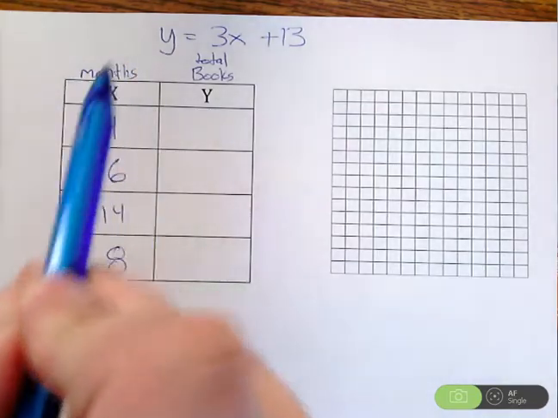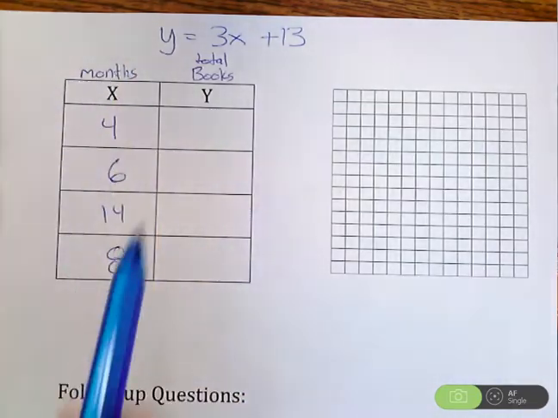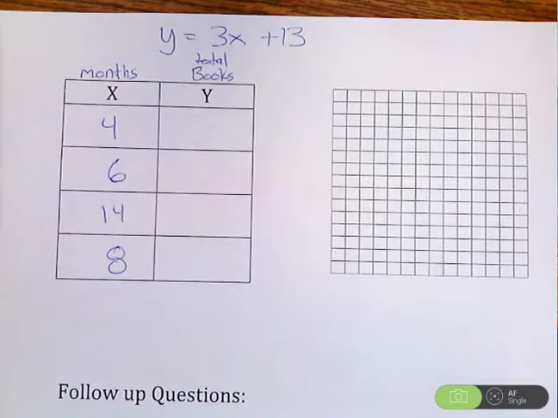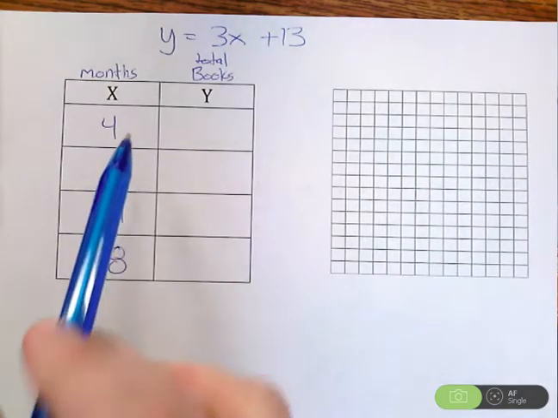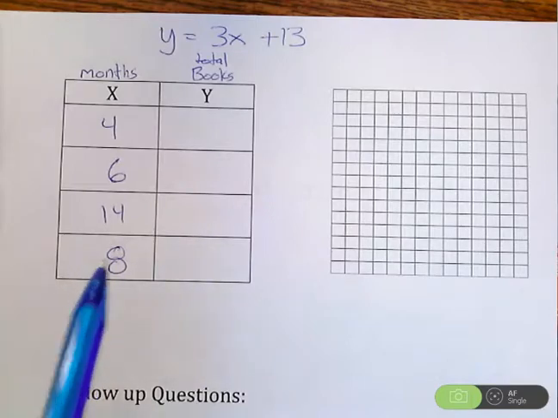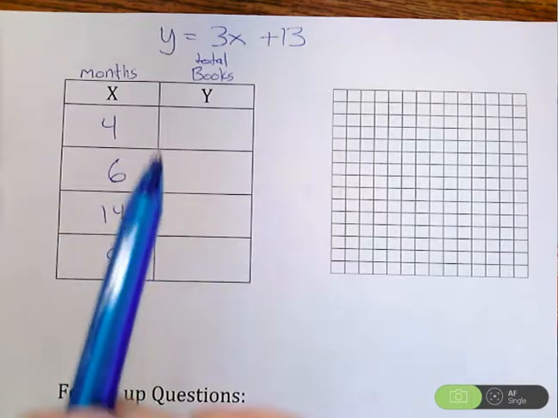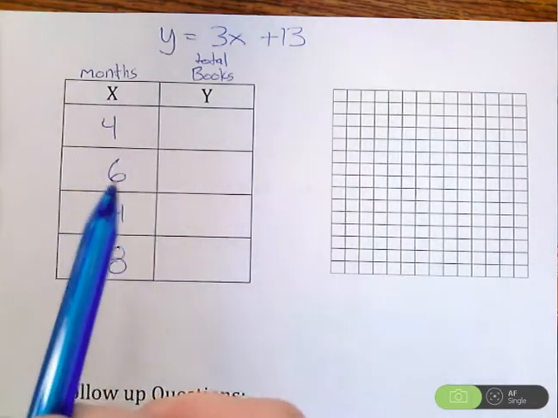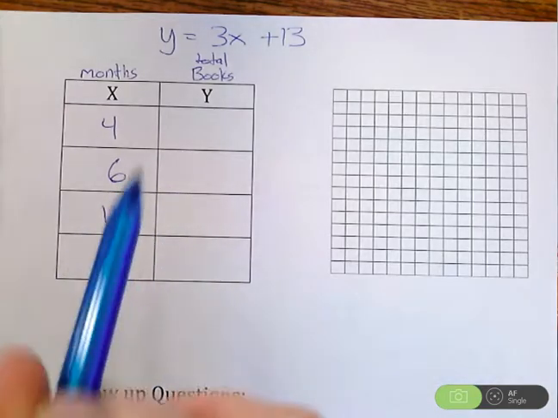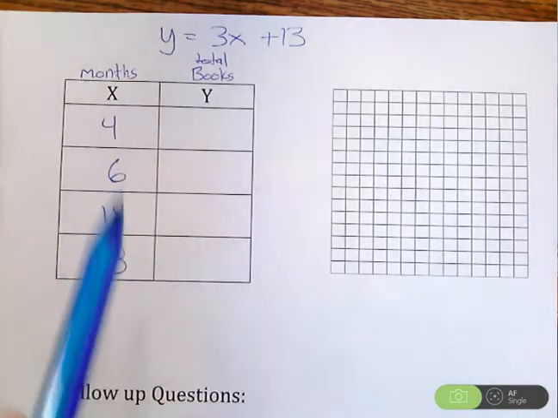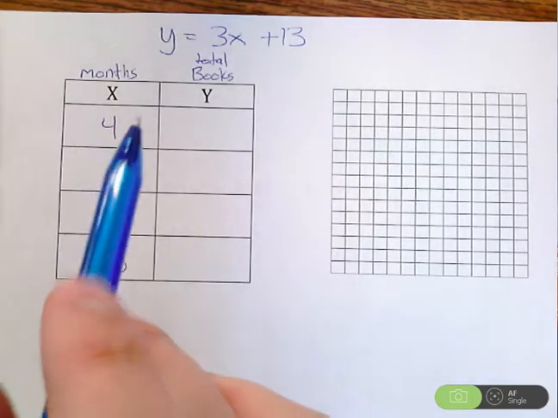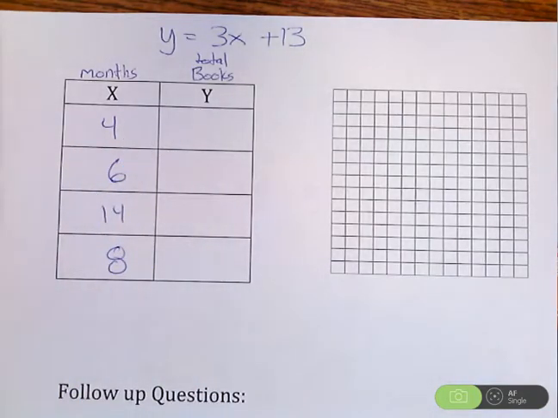Now what you want to think about is, what are some numbers that don't make sense? You don't want to pick numbers that don't make sense. Like if I said 500, 500 months is a long, long time, and I'm probably not interested in figuring that out. 4 months passing, 6 months, 14 or 8 months seems more realistic. Anything like 100 or 200 months is a little too big.